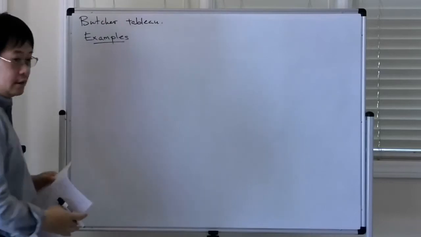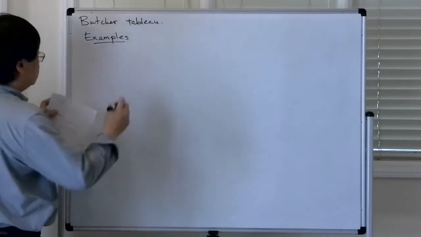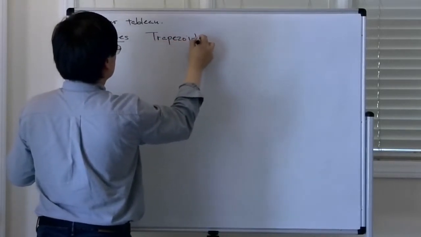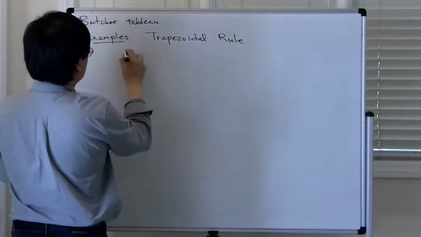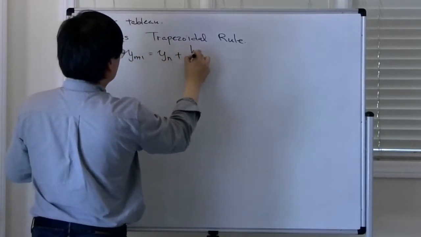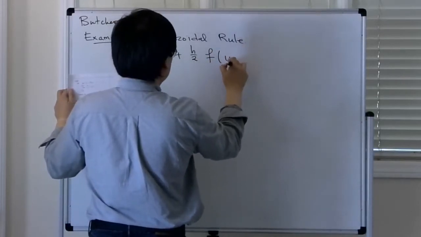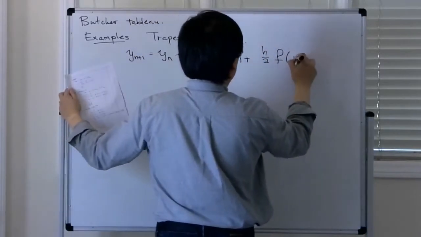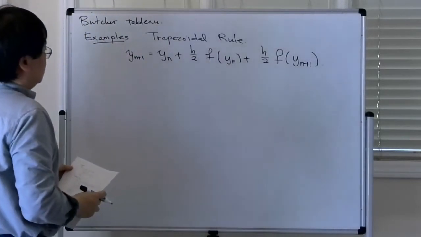So let's look at another example, which is the trapezoidal rule. That says that yn plus 1 is equal to yn plus h over 2 f evaluated at yn plus h over 2 f evaluated at yn plus 1.